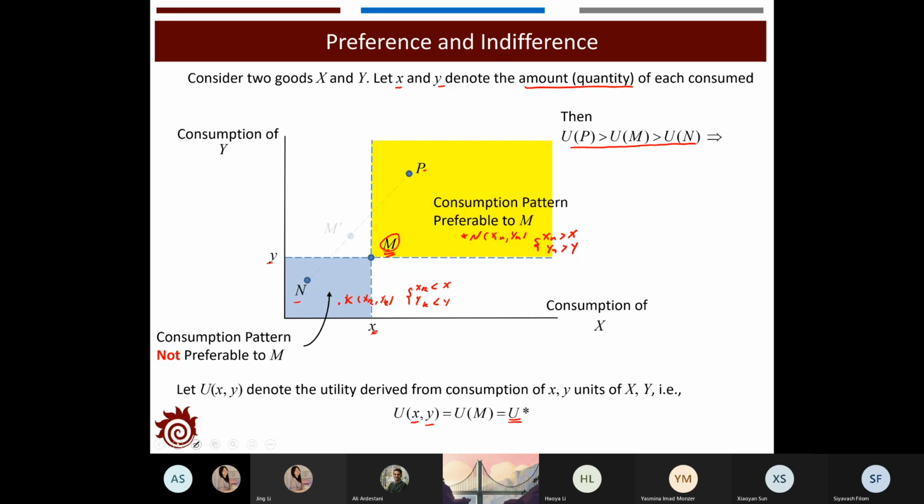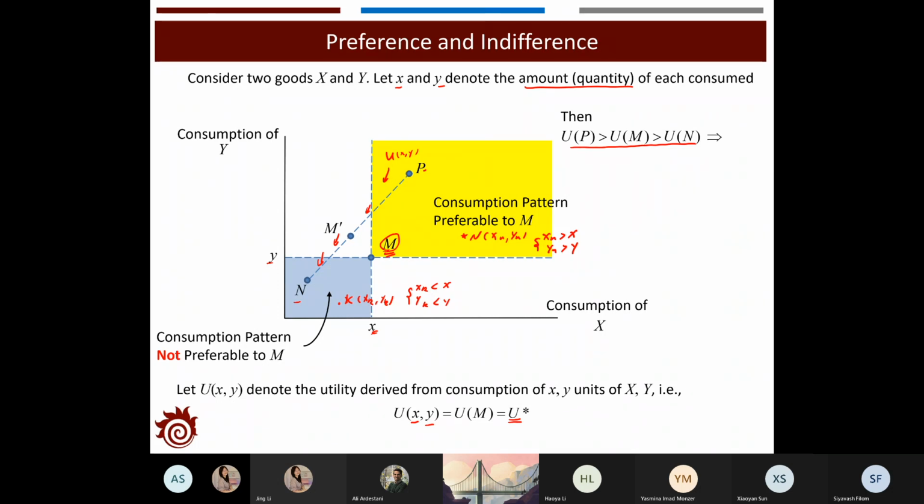And of course we can then draw a straight line to connect these two points from P to N. You will see that the utility is gradually decreasing along the line, right? Because along this line P is the highest one, N is the smallest one.